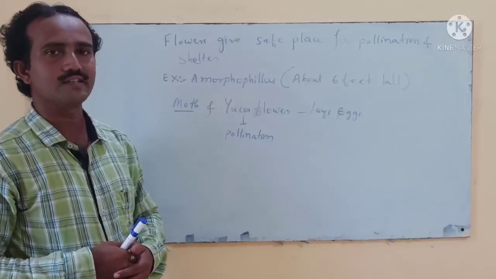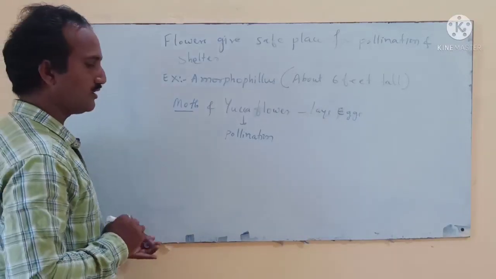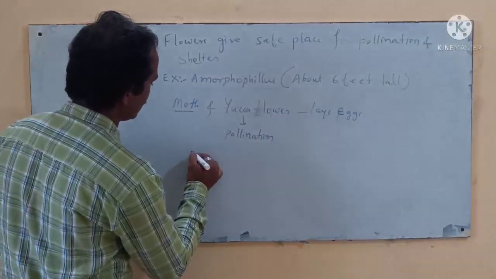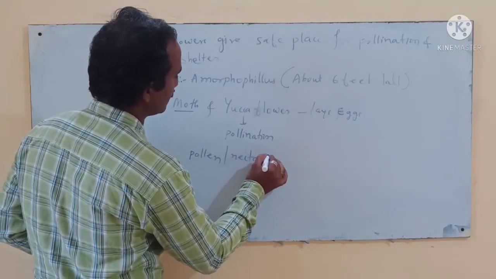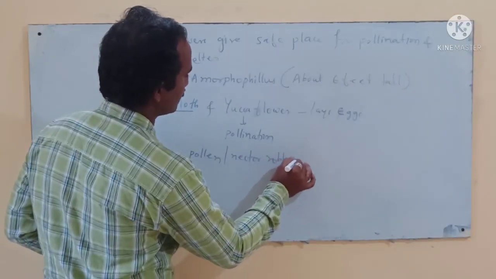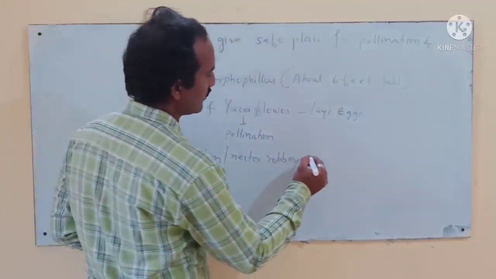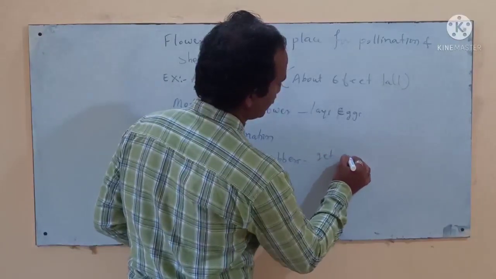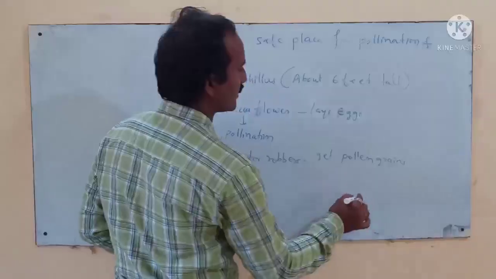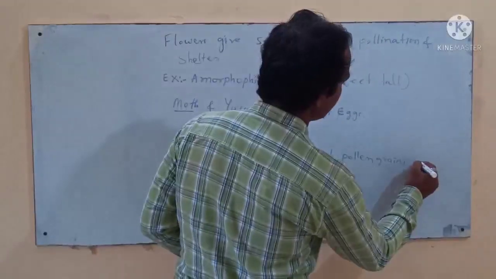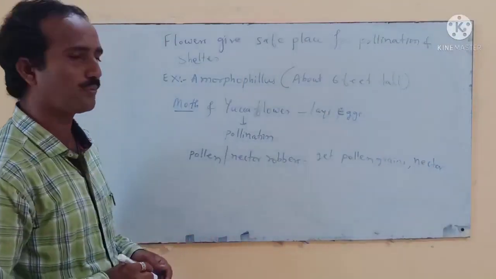Such types of insects are called pollen robbers or nectar robbers.